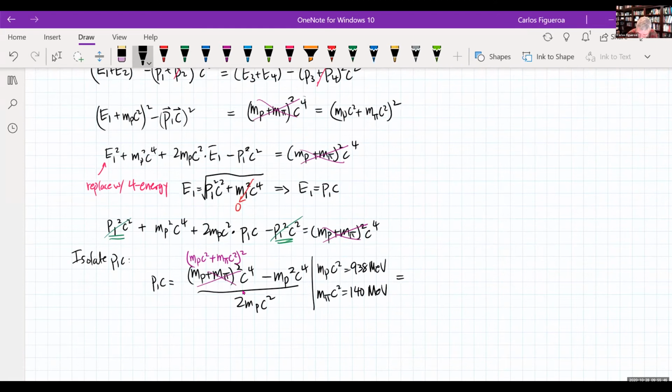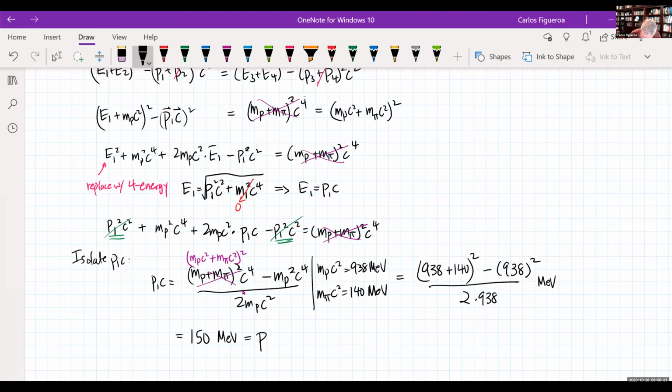So if I put this together, I'm now going to have 938 plus 140 squared minus 938 squared, divided by 2 times 938. And this will give me units of MeV. So if I compute that, my calculator says this is 150 MeV for P1C, which is the same as P of the photon.